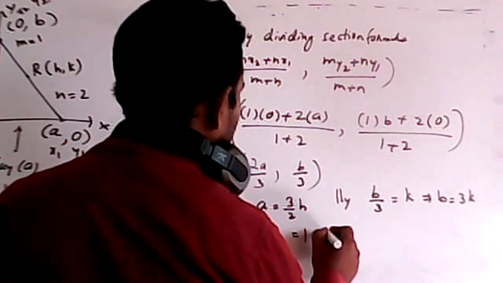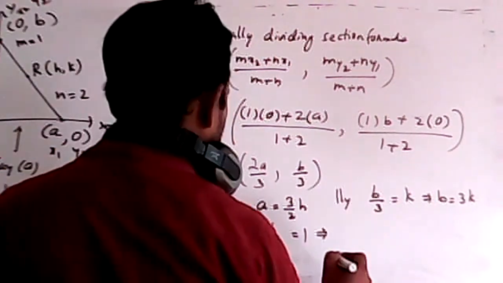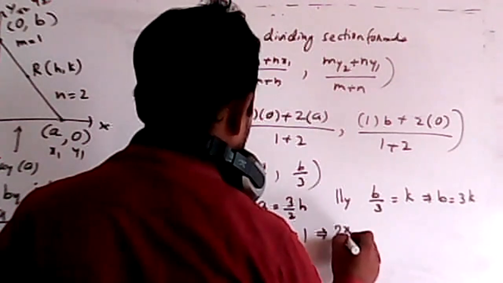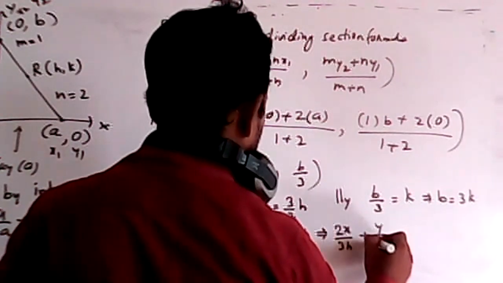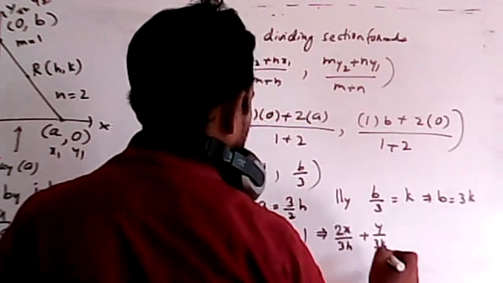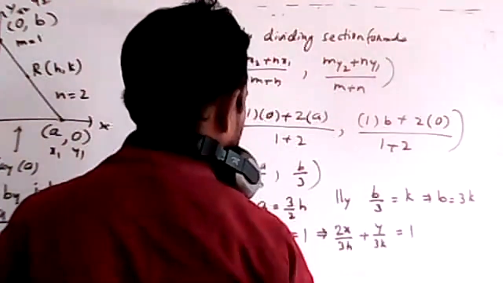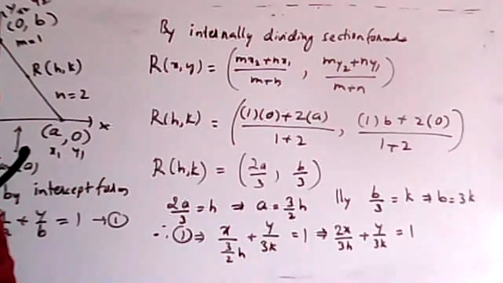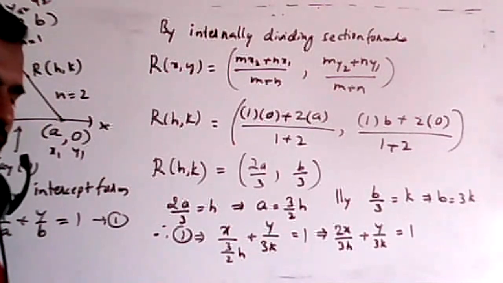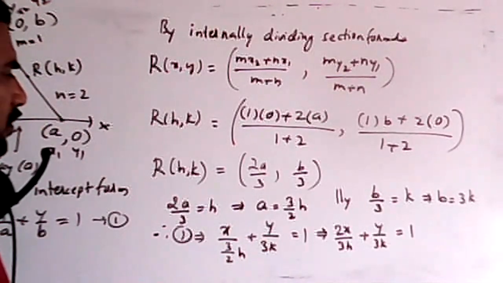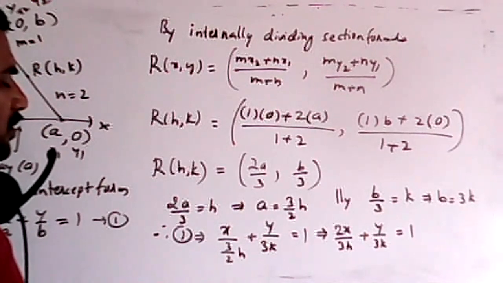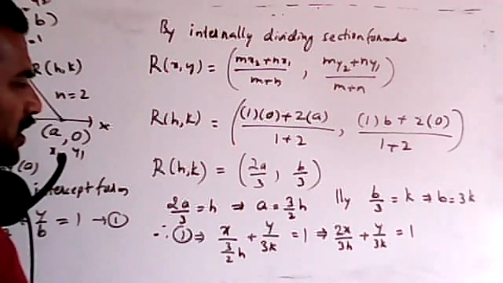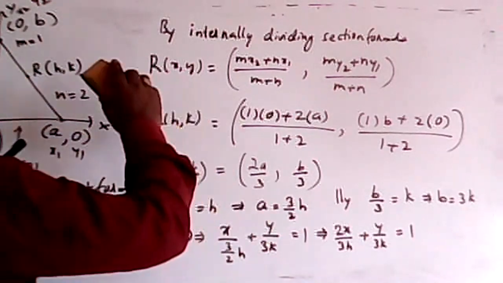If you simplify it again, it is 2 times x by 3h plus y by 3k is equal to 1. Let us simplify it. If you take the LCM, 3 is common, so I can take 3 common into hk. Let me erase this.